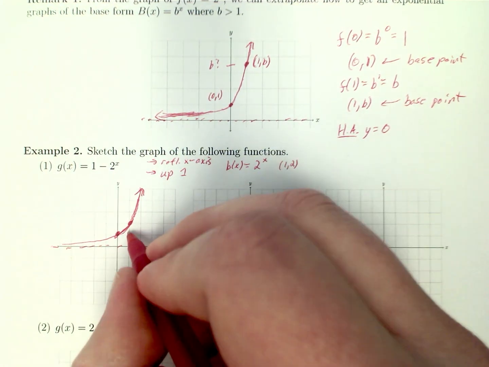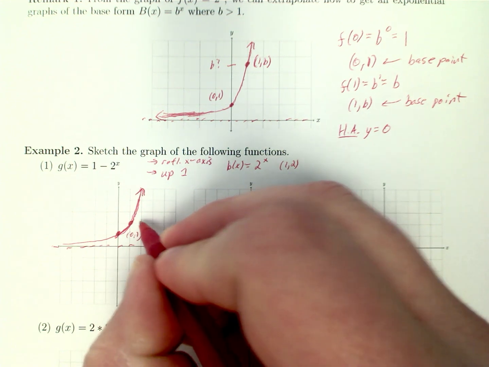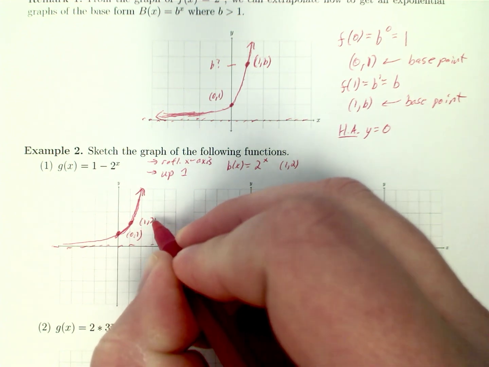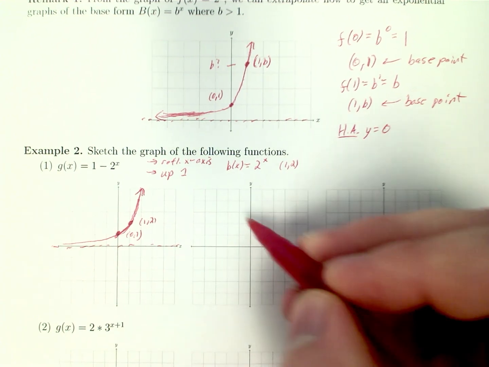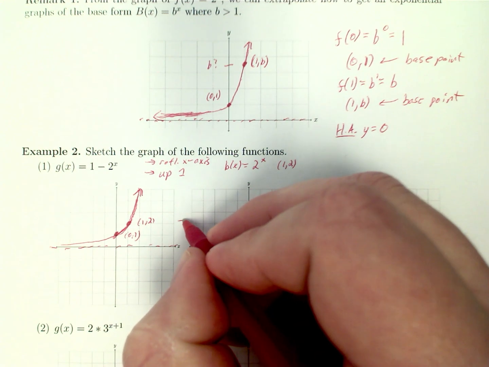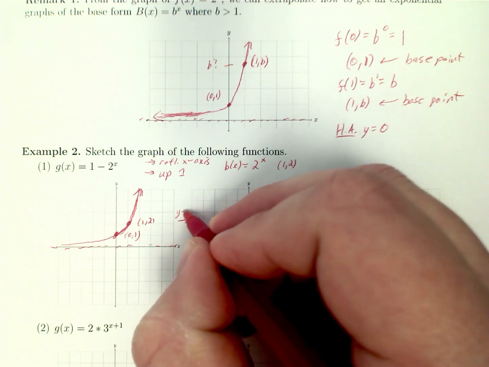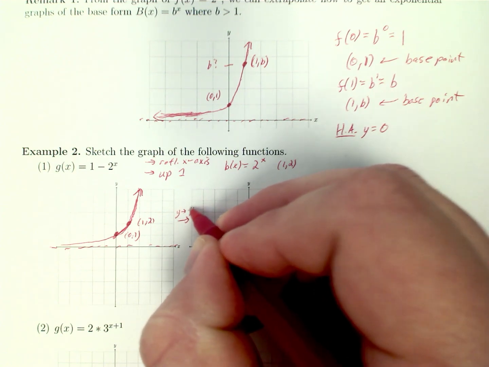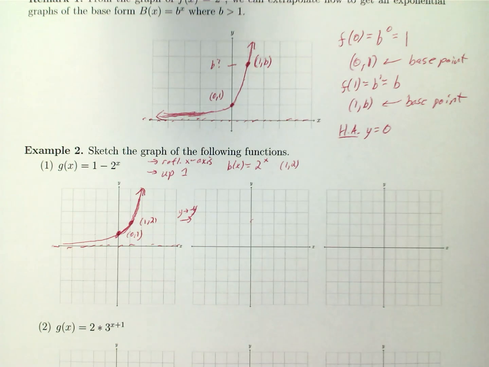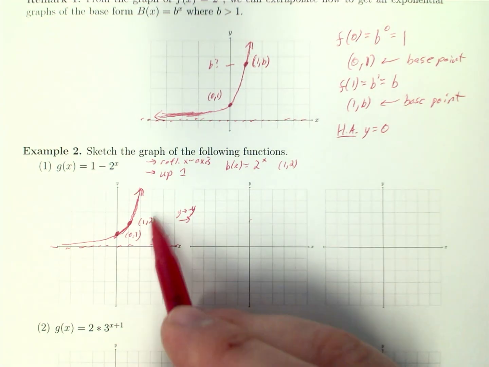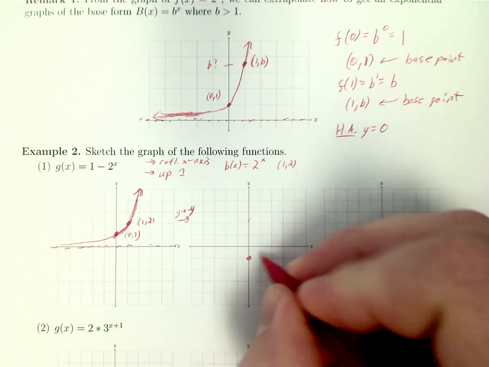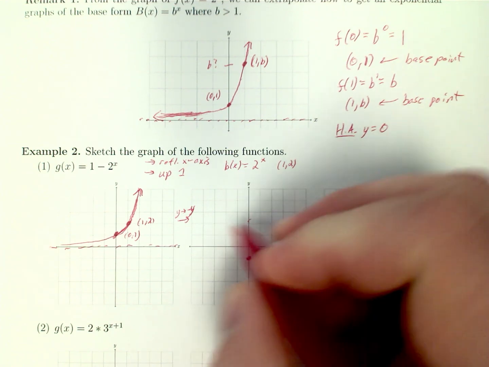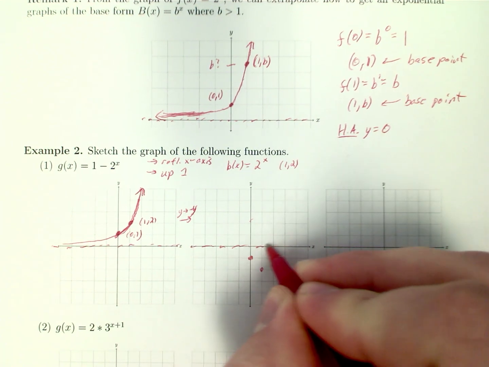Since it's reflecting over the x-axis, the y values are going to become negative. You take the y values and make them negatives of themselves. So instead of 0, 1 and 1, 2, it's going to be 0, negative 1 and 1, negative 2. And we still have the horizontal asymptote.